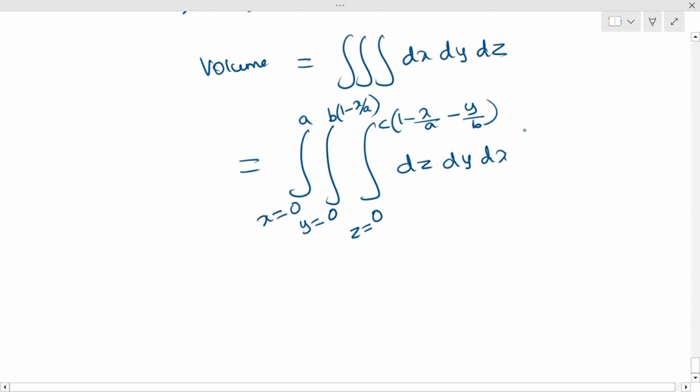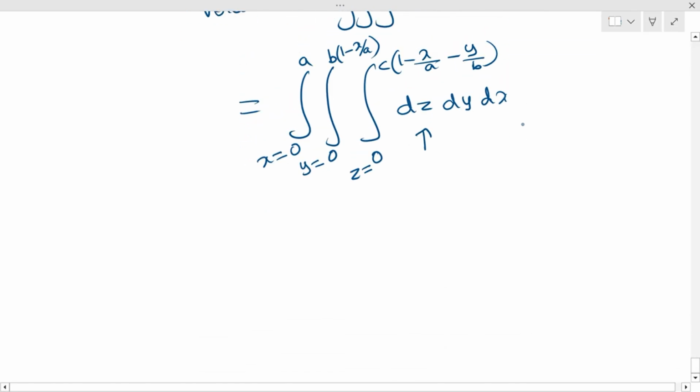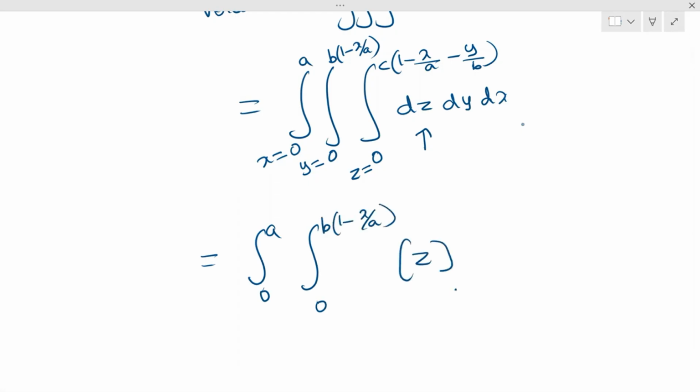Okay. First we do the integration with respect to z. Integration of dz is z. So write outer integration, middle integration as it is. Integration of dz is z and the limit is 0 to 1 minus x by a minus y by b.